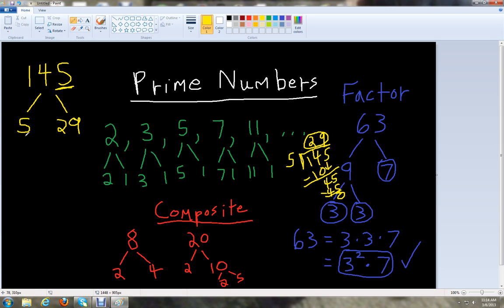So 5 is a prime number, and 29 is also a prime number. So we know that 145 equals 5 times 29.